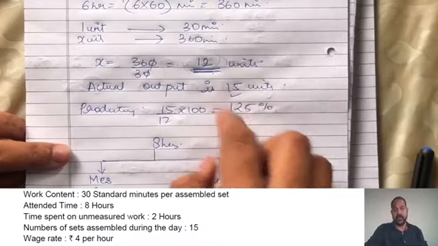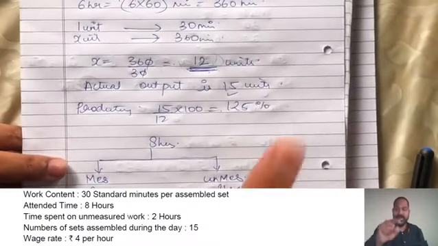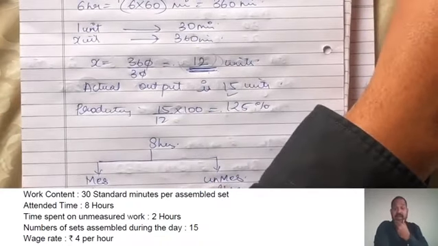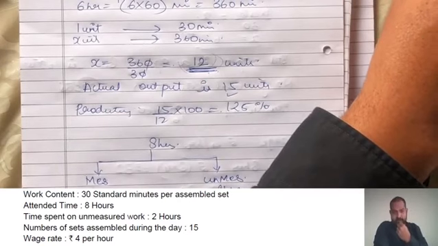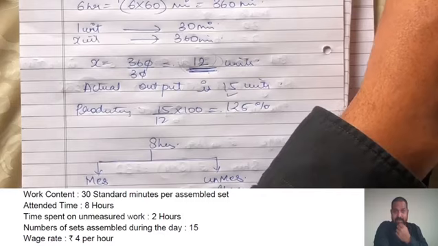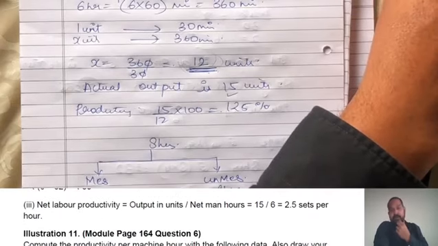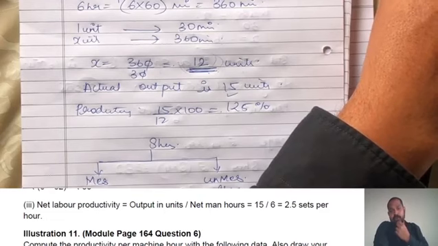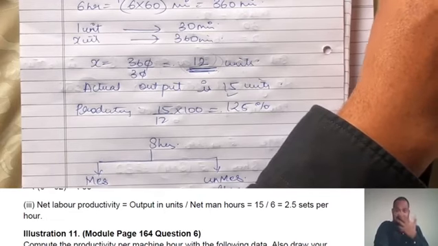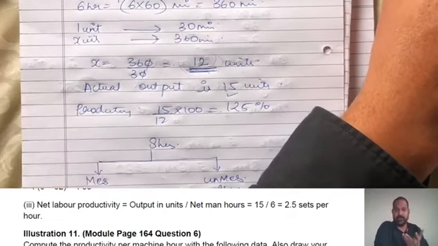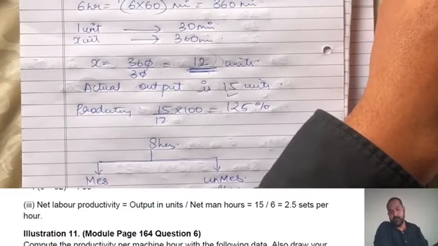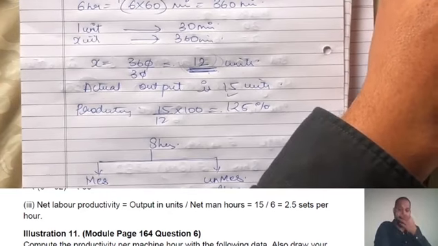The productivity is 125%. But in the final answer, they have written input-output productivity, which means they are expecting an input-output productivity. You notice here, the net labor productivity is output in units divided by the net hours. So you know what that means. It's simple. He's putting in 6 hours and giving you an output of 15 units.